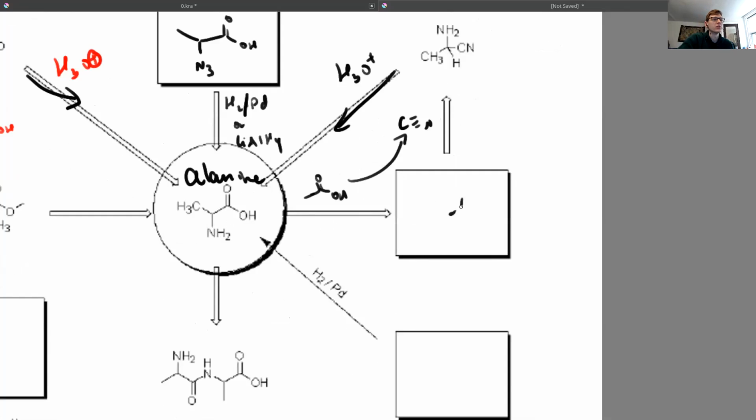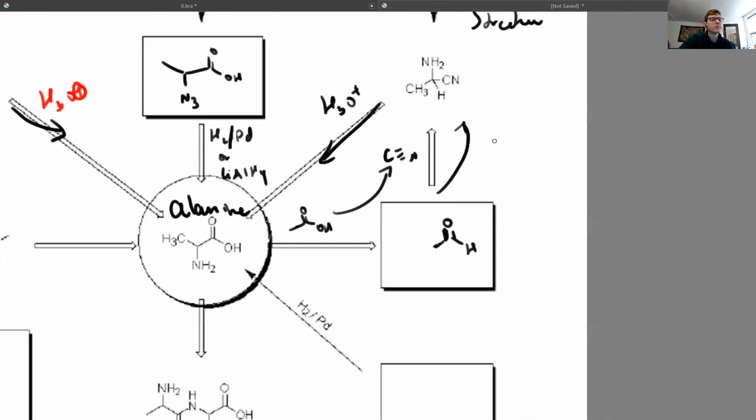If we turn it into this aldehyde, then we can give it NH3 and then, not really. I don't know if you could oxidize amines. I guess you can, but not really. No, I guess that's not it.